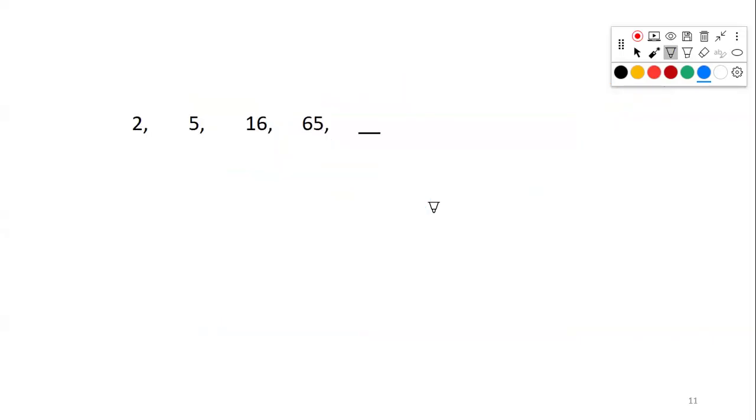Try this one. Manideep, you are the first one to give the answer. Himanshu Chaudhary also gave the answer.